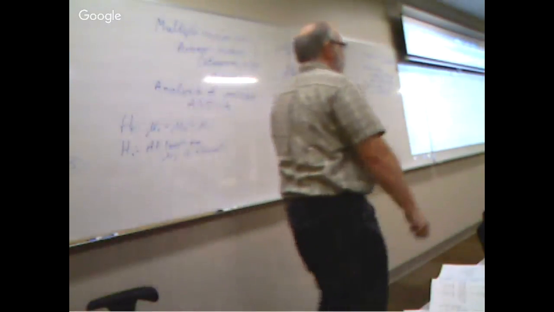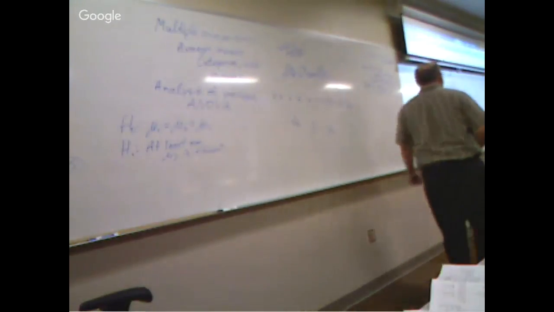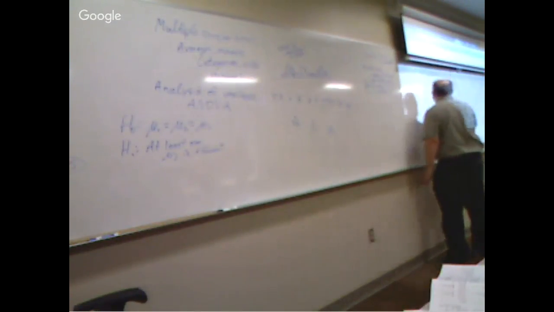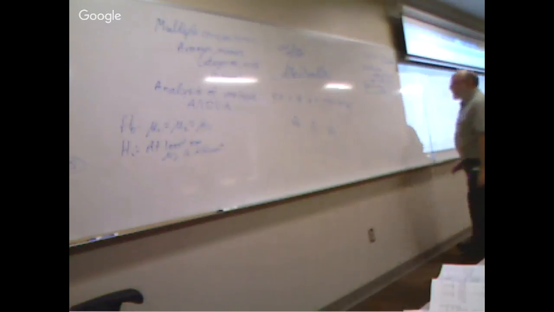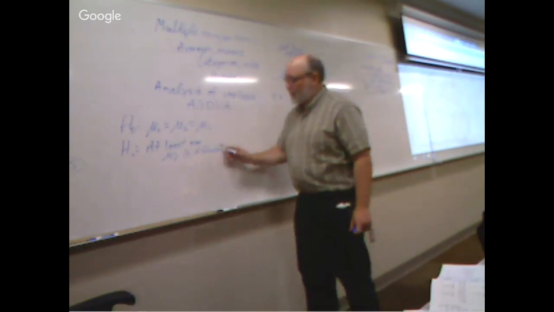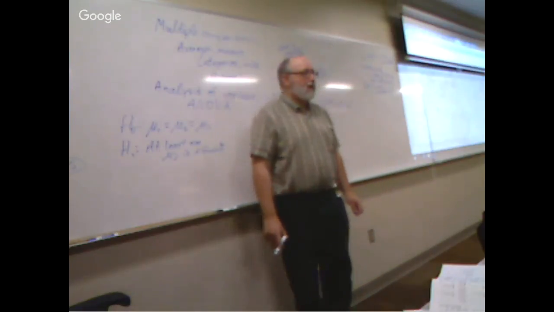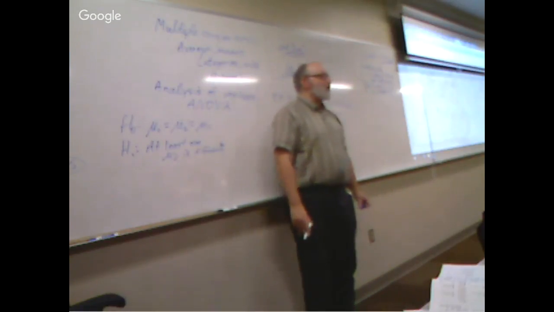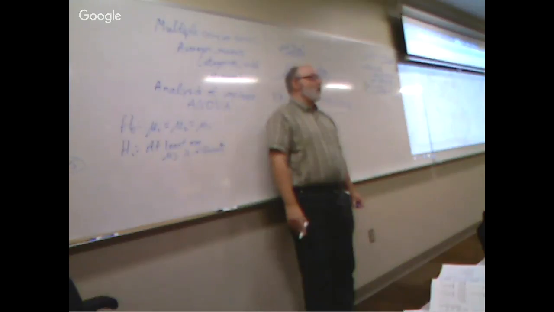What do I see in these population averages? Do I see a difference? Do I see that one of these confidence intervals is actually separate from the others?